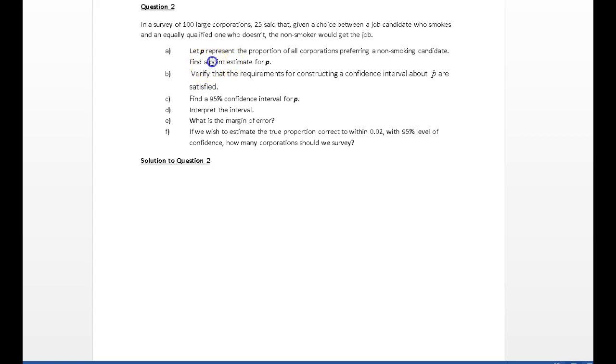We want P to represent the proportion of all corporations preferring a non-smoking candidate. Find a point estimate. A point estimate is a summary value from a sample. We have a sample of 100 large corporations, 25 of whom said they'd prefer to give a job to a non-smoking individual. So our point estimate is simply going to be the sample proportion.